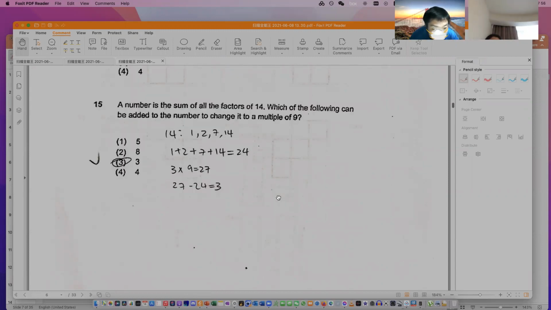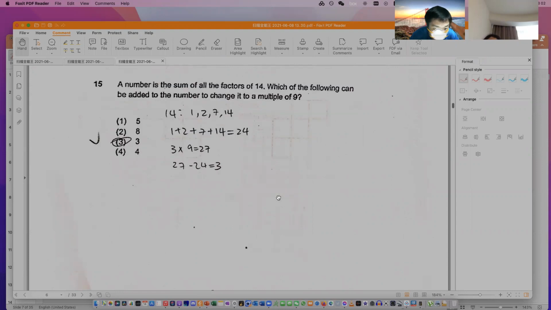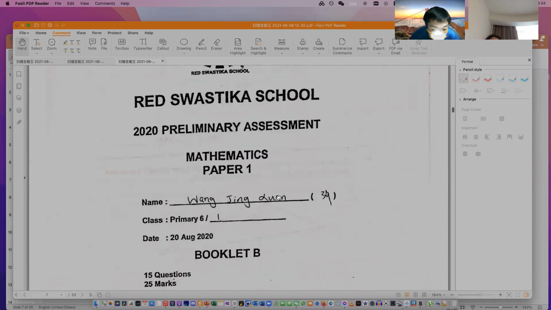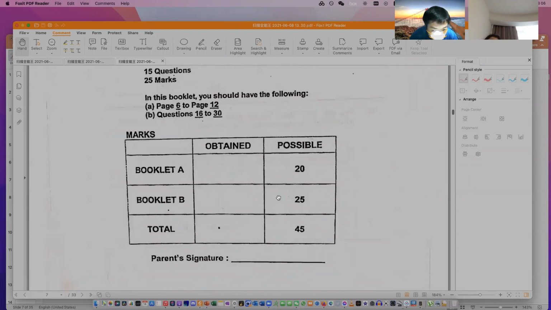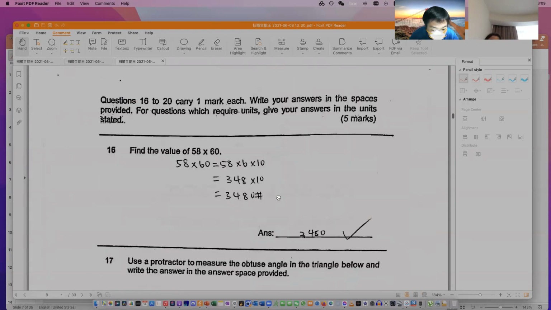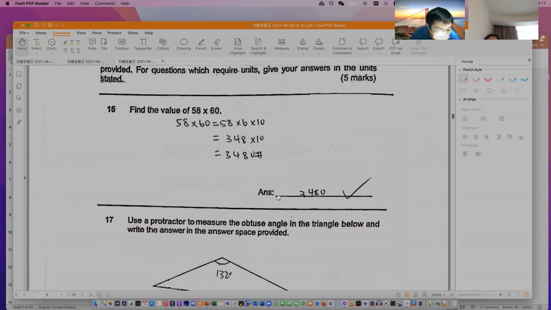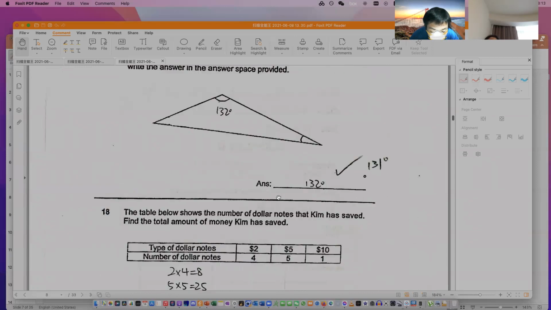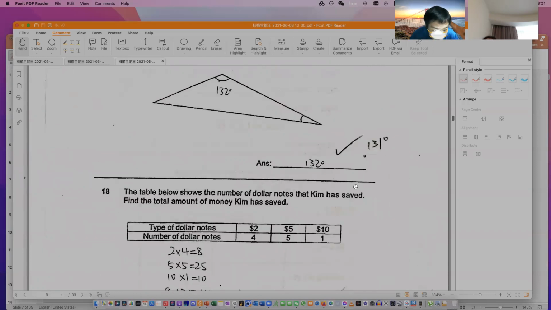In order to score 95 and above, you have to score full marks for MCQ, and especially paper 1, you should score as much as possible because paper 2 is supposed to be harder. Okay, next. Like I say, for angle questions, plus minus 1 degree is within the acceptable range.